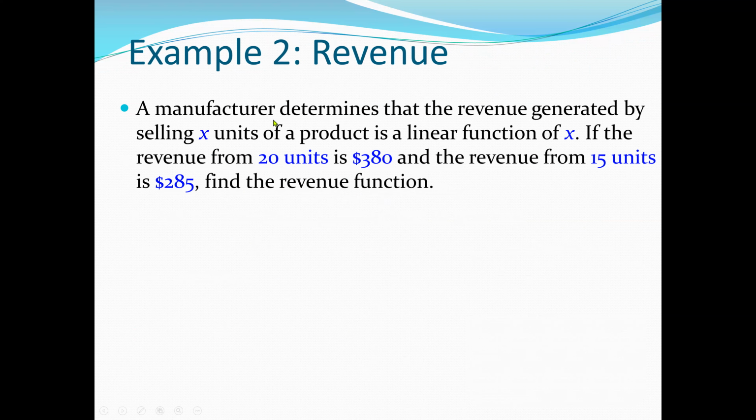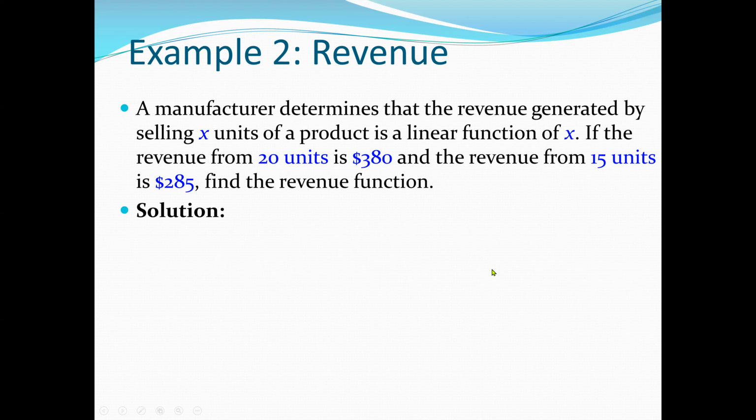The key point here is that the revenue generated by selling x units of a product is a linear function. So we know it's a straight line function of x, which means the highest exponent of x is 1. And also if we have a linear function, the rate of change is constant, which is the slope. So those are the two conditions here.